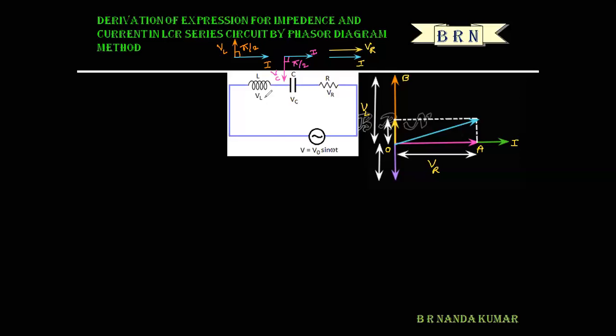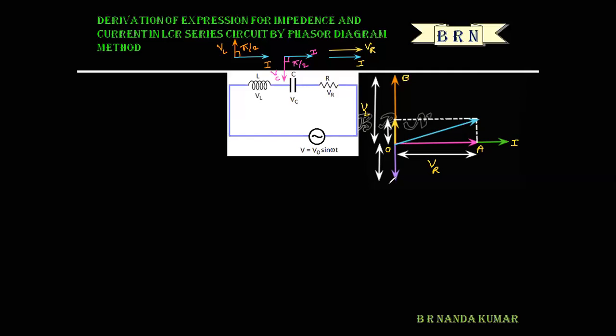Okay, the potential difference across L is VL, which leads the current by an angle pi by 2 radian. The potential difference across the capacitor is VC, which lags behind the current by an angle pi by 2 radian.